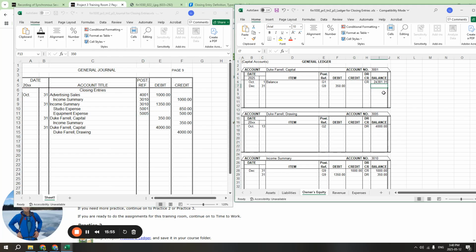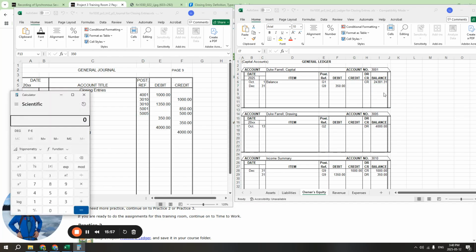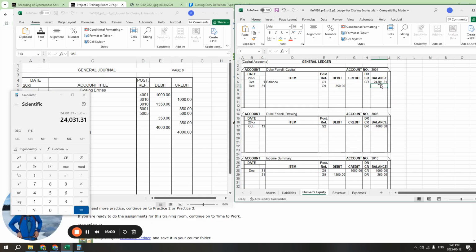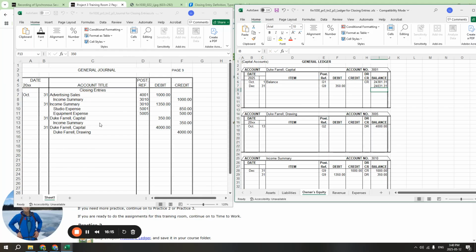So now we've got to do some math. Bring out our calculator. So it's 24,381.31 credit. Then we'll subtract a debit entry of 350, which is 24,031.31. Okay. All right.